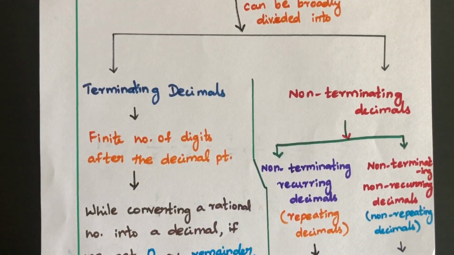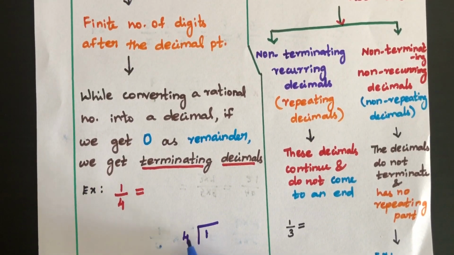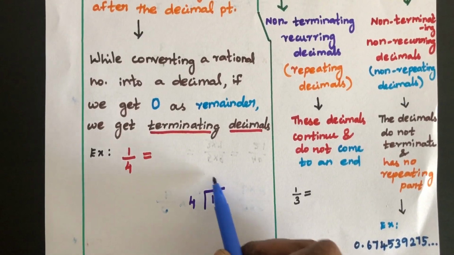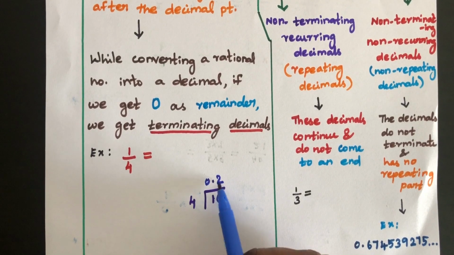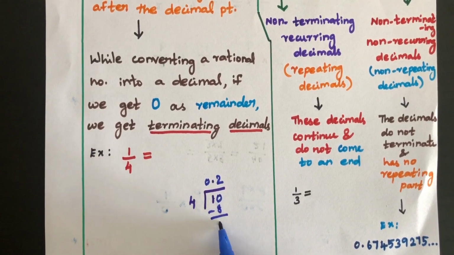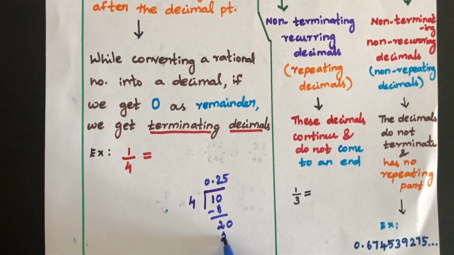See here, 1 by 4. This is an example. How to convert it? 1 divided by 4. So we will have 1 point, so we will have 0 here. 2 times 4 is 8. Here 2 will come, 0. 5 times 4 is 20, right?